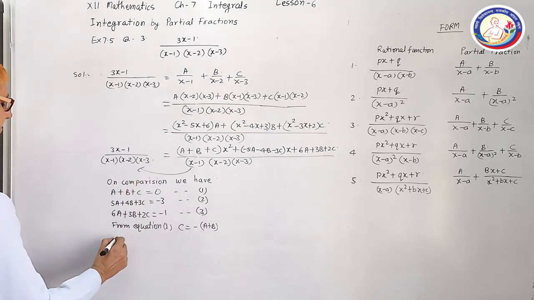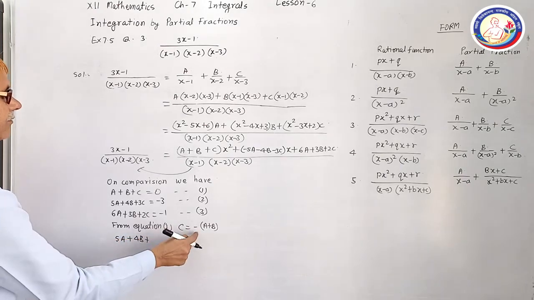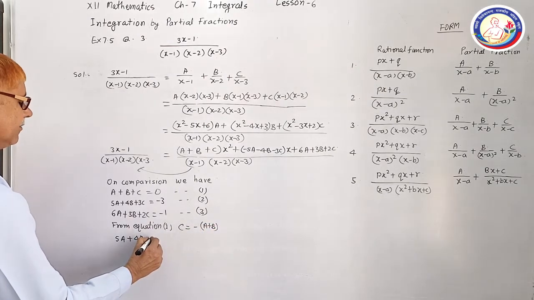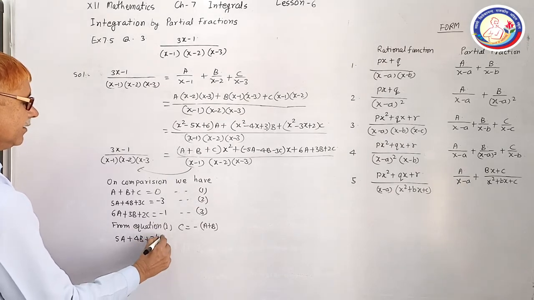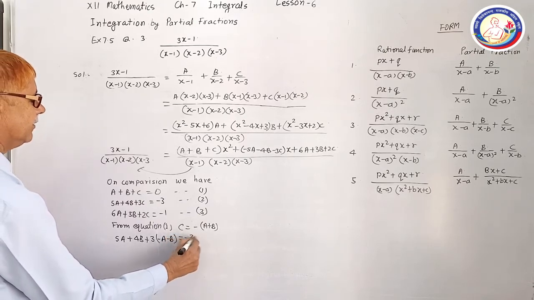So it will be 5A plus 4B plus 3 into (minus A minus B) equal to minus 3.